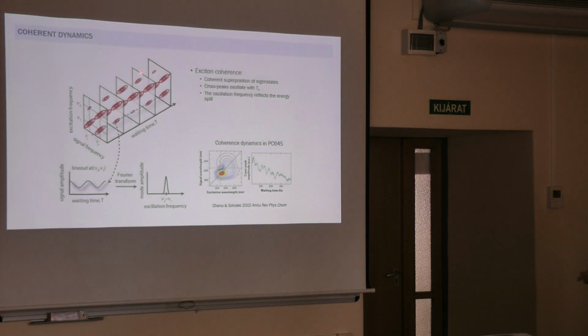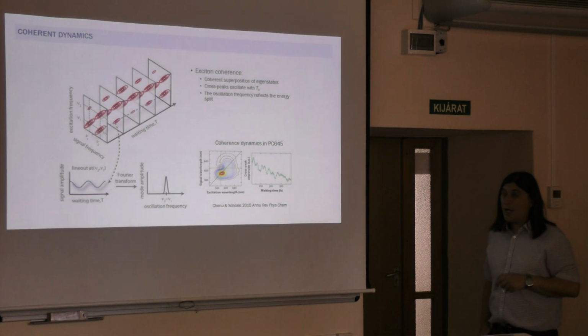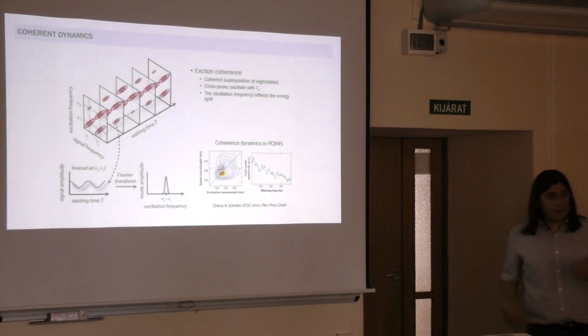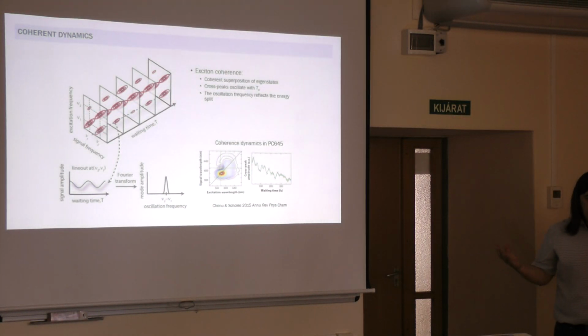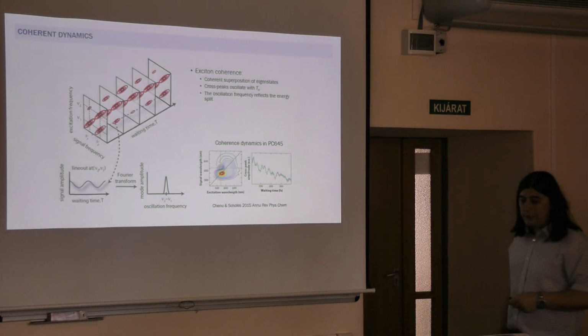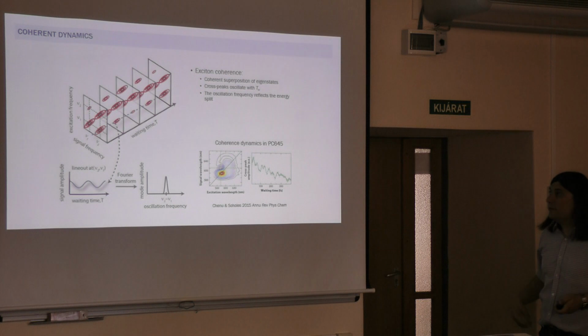And finally, I said the 2D spectroscopy tells you about coherent dynamics. Now, if you can have coherence between exciton states, for example, that means you excite coherently two exciton states, and then the system will constantly oscillate between these two.